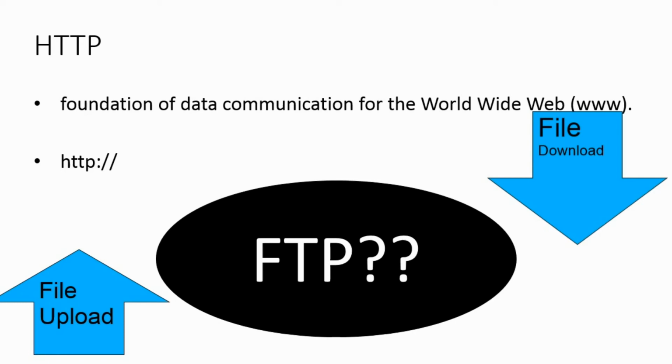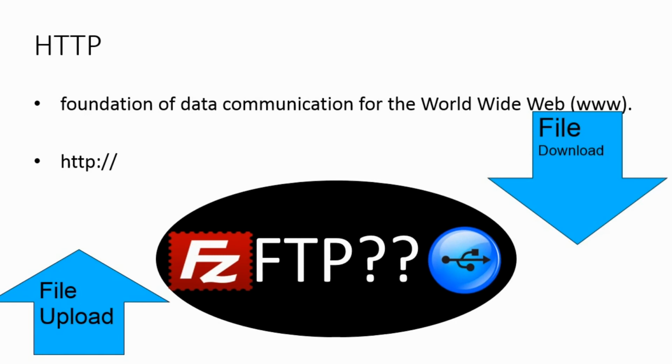Okay, allow me to explain further about FTP. I am going to show you a real-time example of FTP through FileZilla and Software Data Cable. In my laptop there is FileZilla, whereas in my mobile there is Software Data Cable.